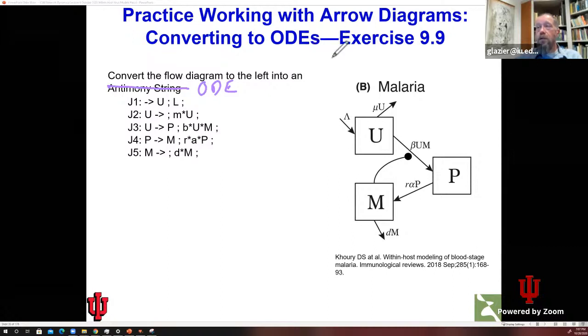And you'll get multiple terms. For example, for U, you'll have three terms because you have one arrow pointing in and two arrows pointing out. So your dU equation will have three terms. For P, you have one arrow pointing in, one out. So your P equation will have two terms. M, you have one arrow pointing in, one arrow pointing out. So your M equation will have two terms. Does anybody need more time, or is that okay for people?